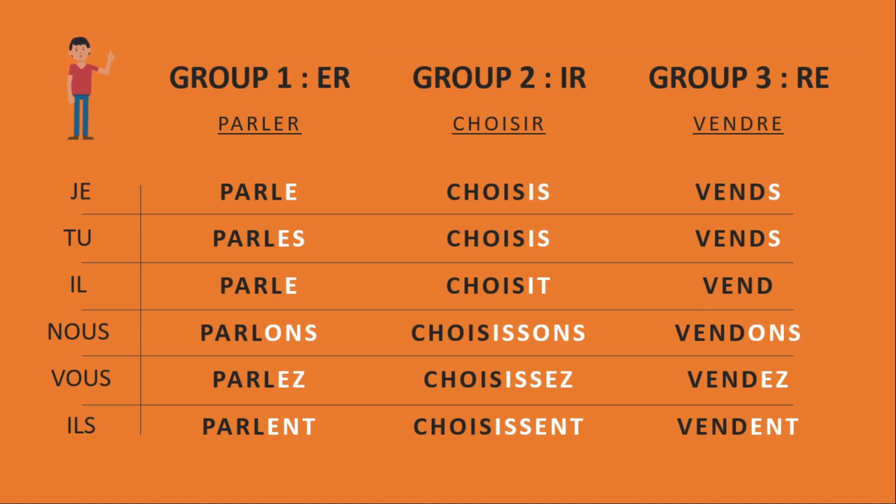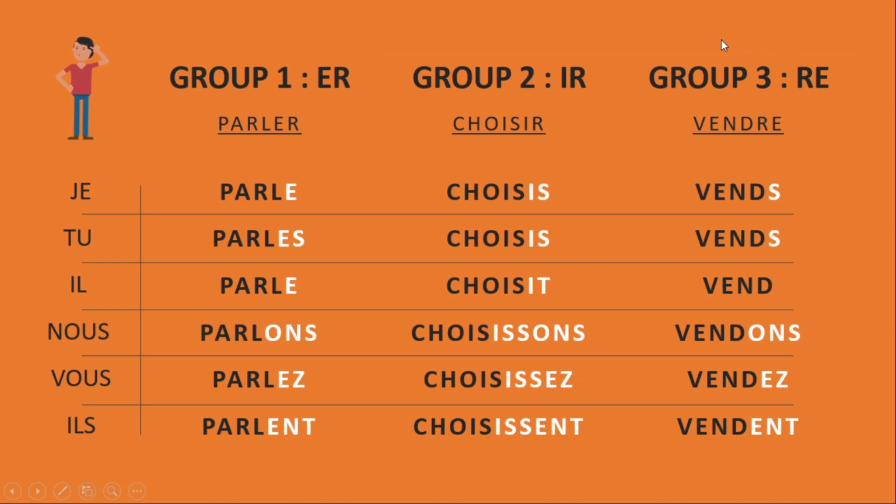In French, we classify our verbs into 3 different groups. Group number 1 is all the verbs whose infinitive ends with er. Group number 2 is all the verbs whose infinitive ends with ir, like choisir, which means to choose.